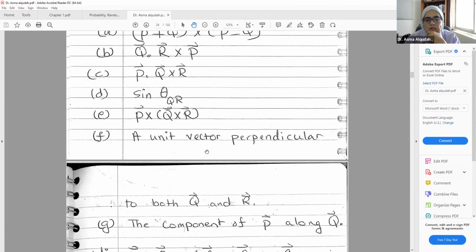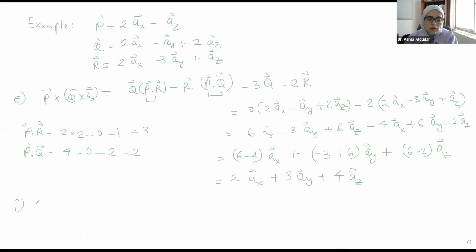Part F is asking for a unit vector perpendicular to both Q and R. So to find this unit vector, we need to do 2 things.